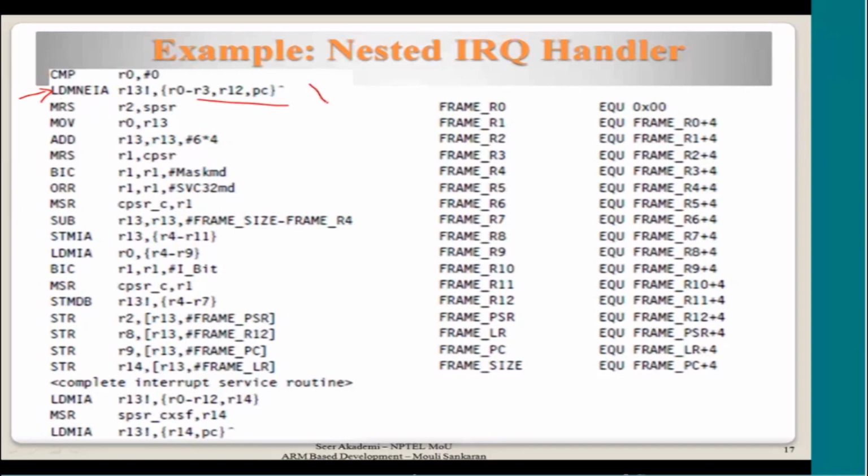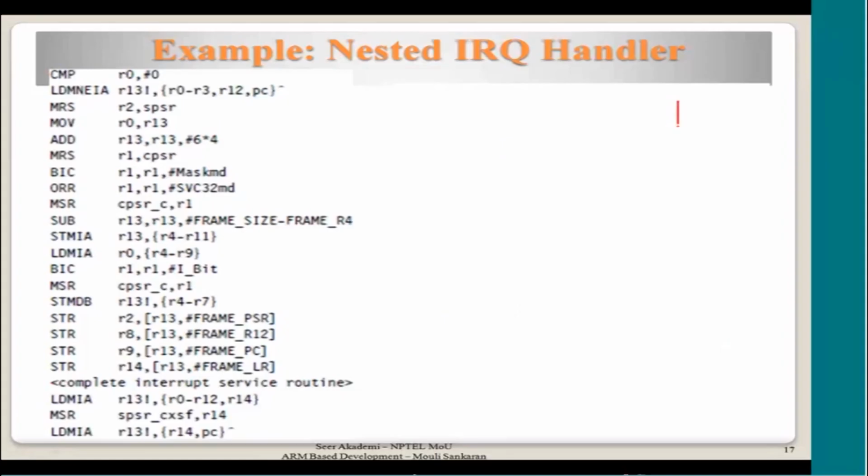This I have already explained to you, because prior to this the STM is done. So the stack will be having those values which I explained earlier, the order in which they are stored. I will explain now also, because you need it for this particular part.